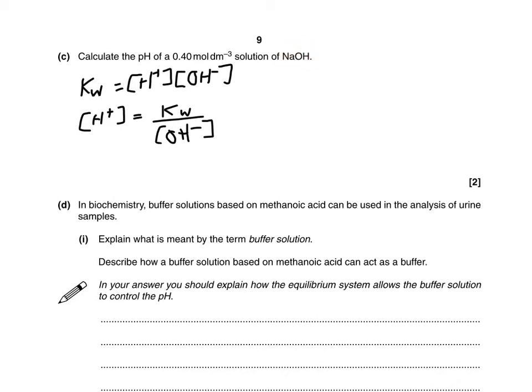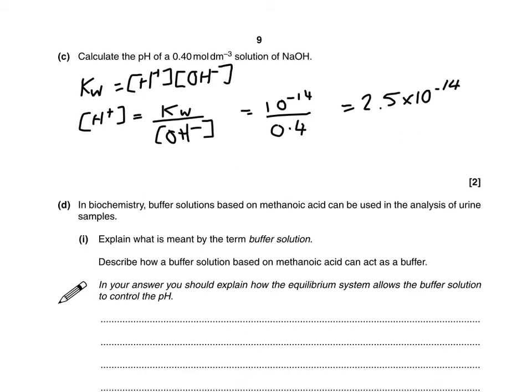Sodium hydroxide, it's a strong base, so we have 1 mole of hydroxide ions for each mole of sodium hydroxide. So that gives us Kw over concentration of hydroxide ions, which gives us 2.5 times 10 to the minus 14.